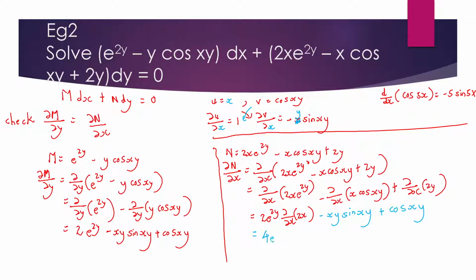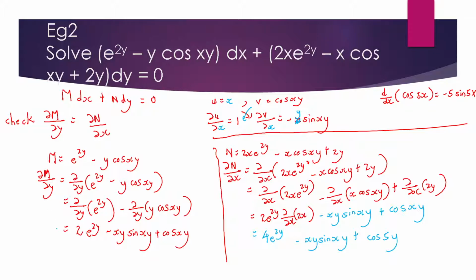Exponent 2y minus xy sin xy plus cos xy. Let me check whether the equation has some mistake. Example 2. Suppose this is an exact differential equation. Second term same, third term same.